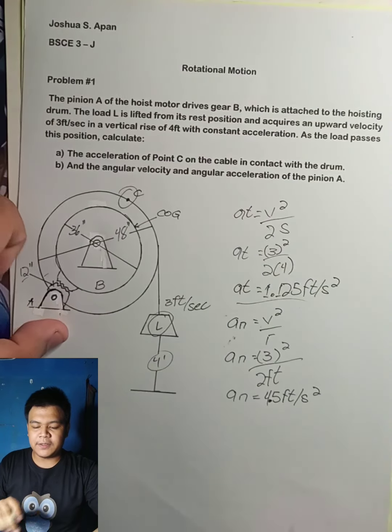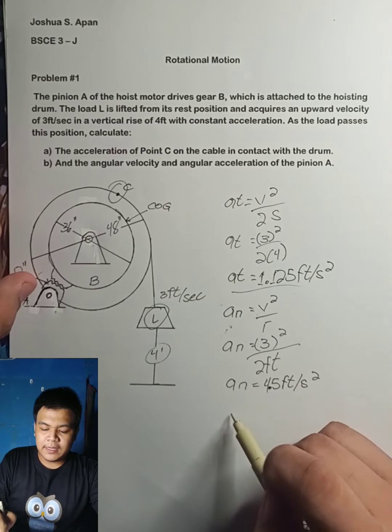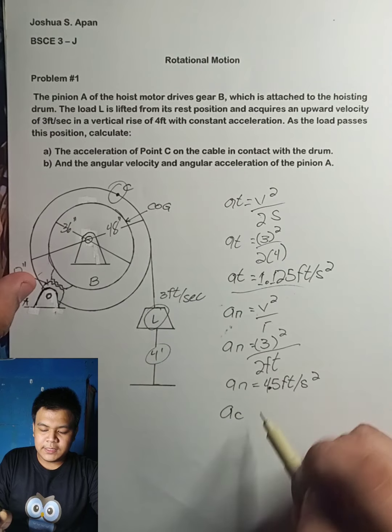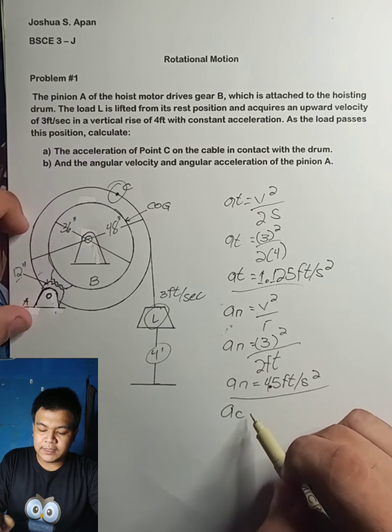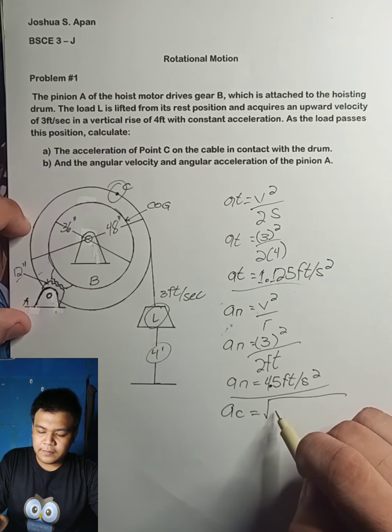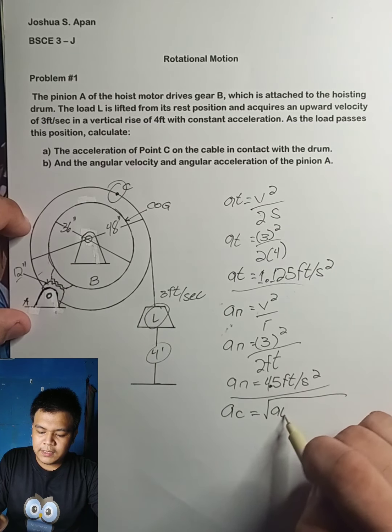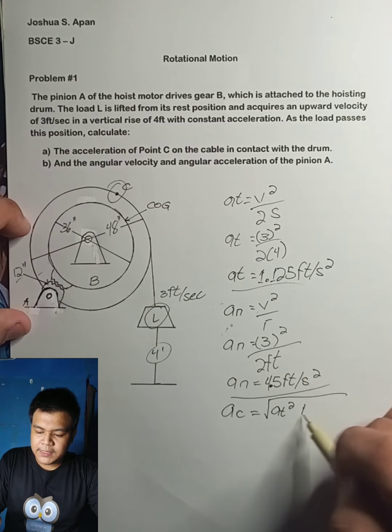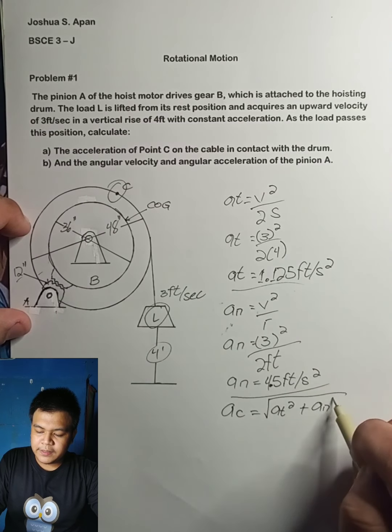So, gagamit tayo ng Pythagorean theorem. Then, acceleration of point C, is equal to square root of AT squared plus AN squared.